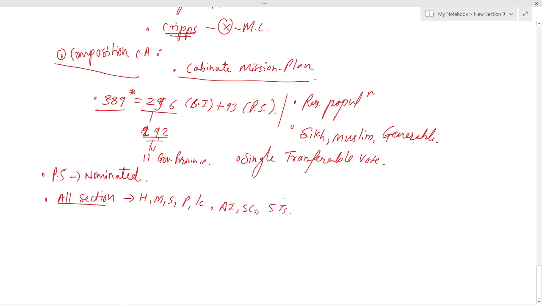The assembly included almost all important personalities of India at that time, except two: Mahatma Gandhi and Muhammad Ali Jinnah. These two were absent.